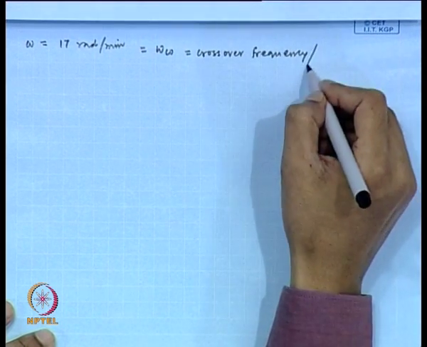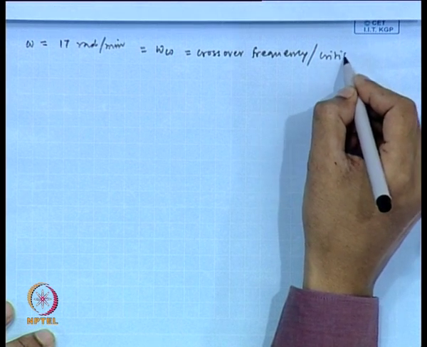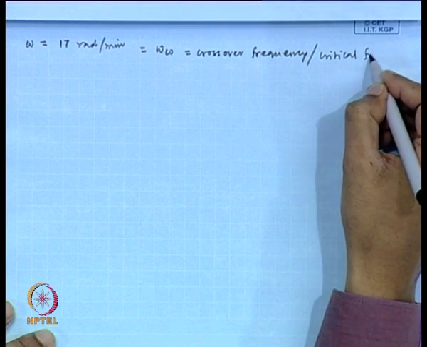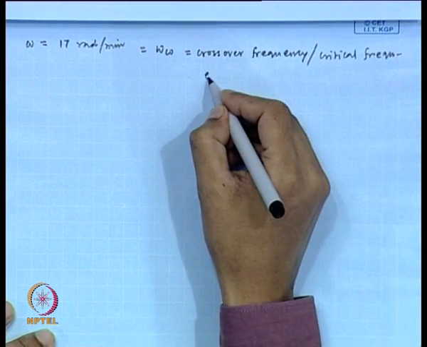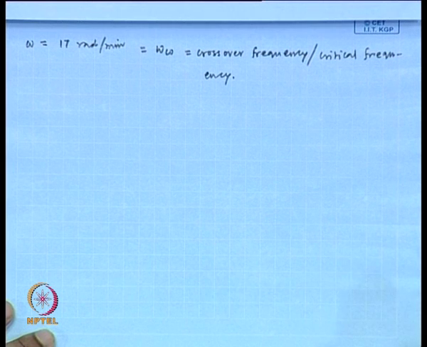This is also called critical frequency. The frequency calculated at phi equals minus 180 degree is called crossover frequency or critical frequency.